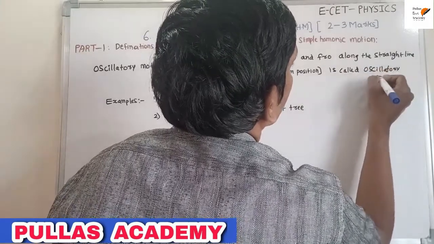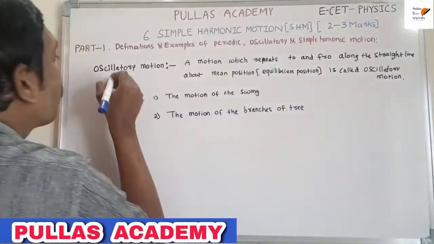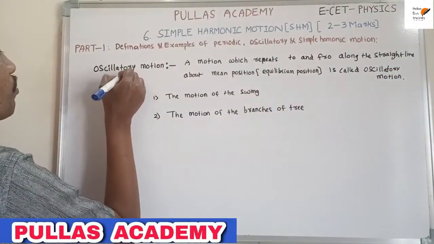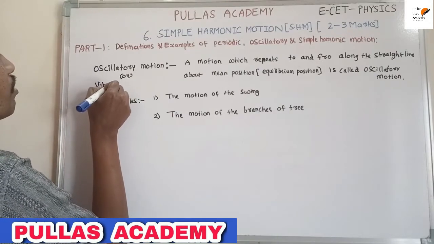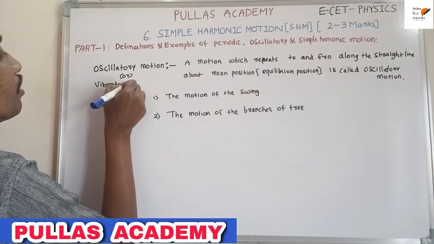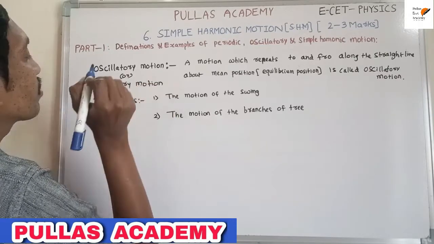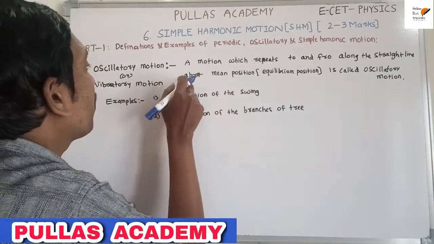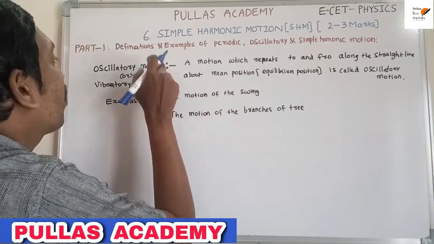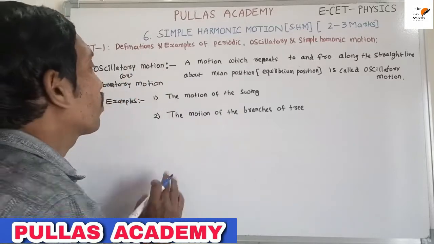This oscillatory motion is also called vibratory motion. The maximum oscillation is called vibration. If the frequency is maximum or greater, that oscillatory motion is generally called vibratory motion, but actually both are similar.